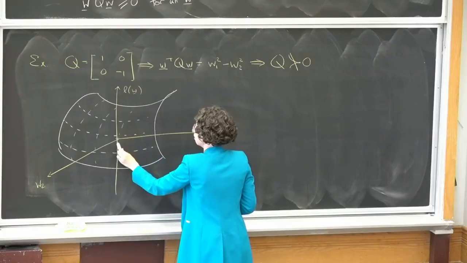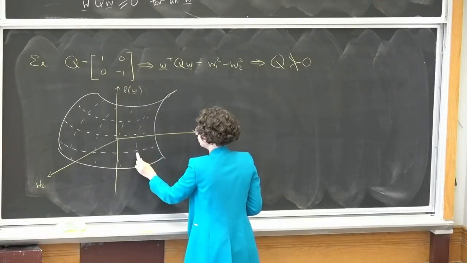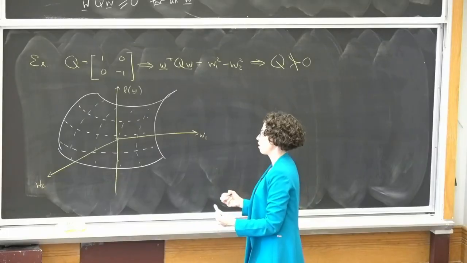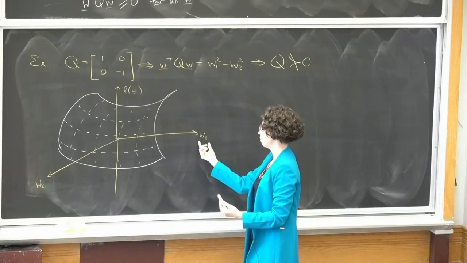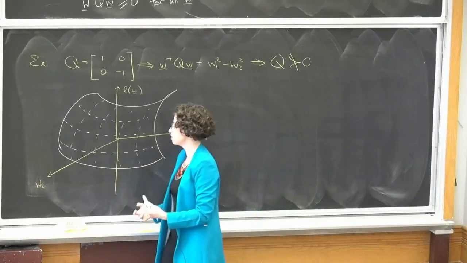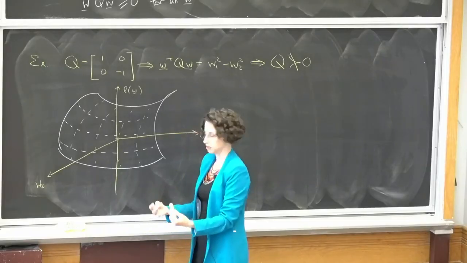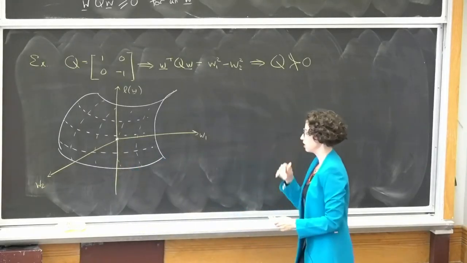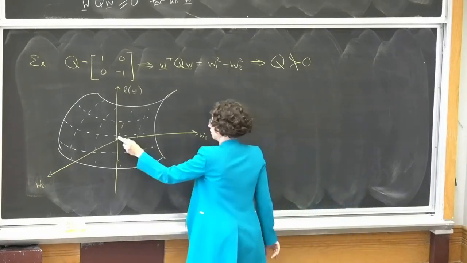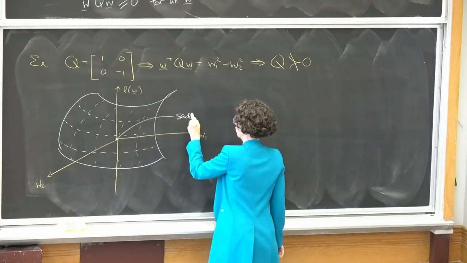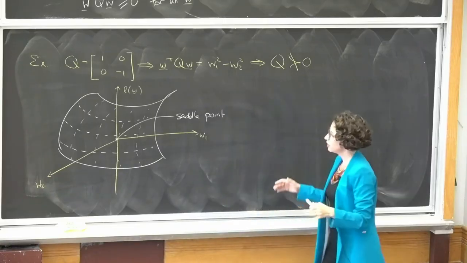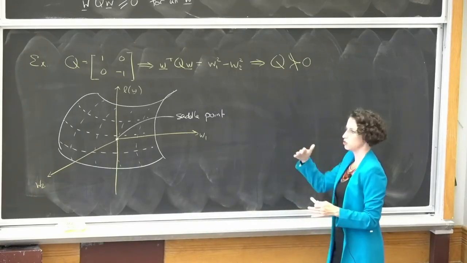And so the place where the derivative is equal to 0 might be a maximum. And so if I look at a place where the derivative with respect to both W1 and W2 is equal to 0, where the gradient is equal to 0, then I guess in this example, it's right here at the origin. It's called a saddle point. So it's a minimizer in one direction, but a maximizer in another direction.